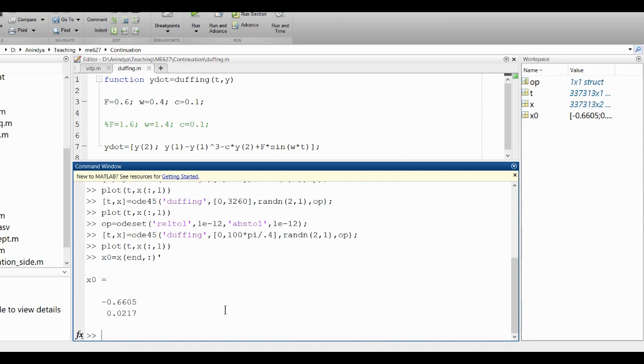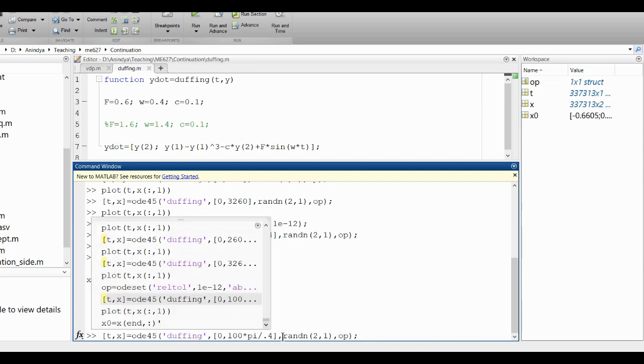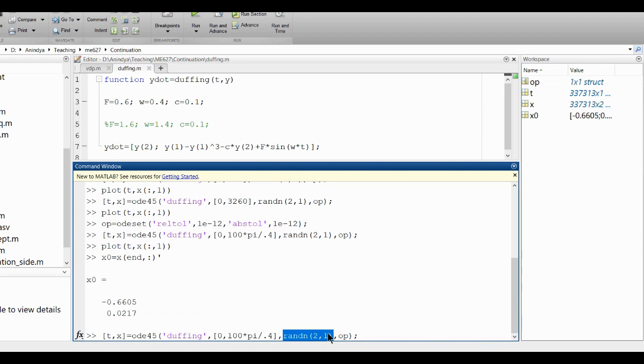Okay. So here is what I will do now. I will take this same initial condition and I will integrate, only not for so long. Let me do 40.